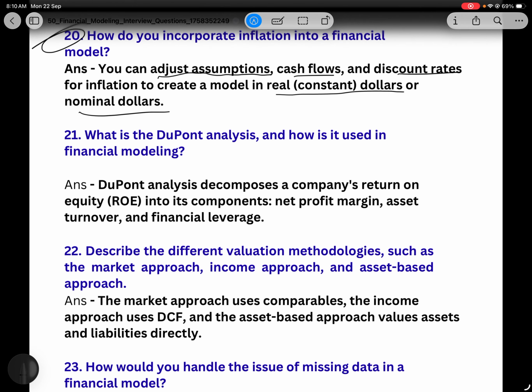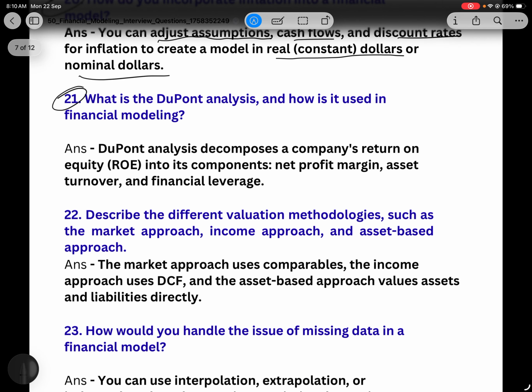Next question is about DuPont analysis. DuPont analysis decomposes a company's return on equity, ROE, into its different components. Mostly it's about net profit margin, asset turnover, and financial leverage.